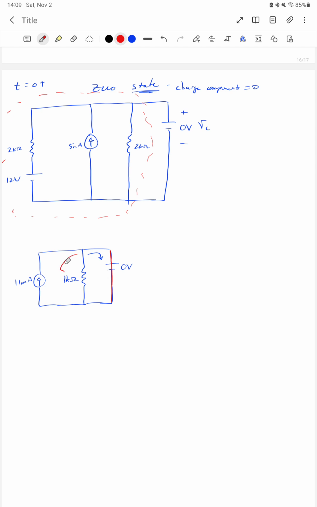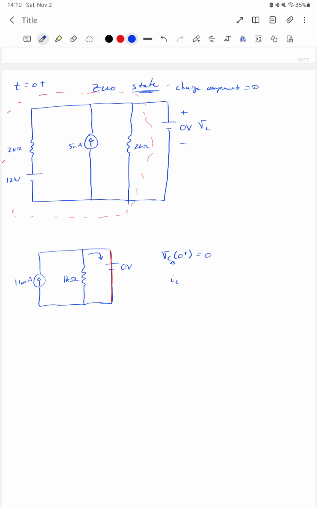All of this is 0 volts. And that means that this has 0 volts. And all of that is just because it's a short-circuited circuit now, right? So that means that our Vc of 0 plus 0 state is equal to 0. All right.